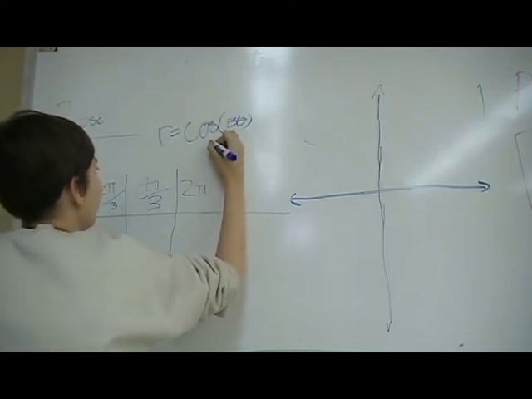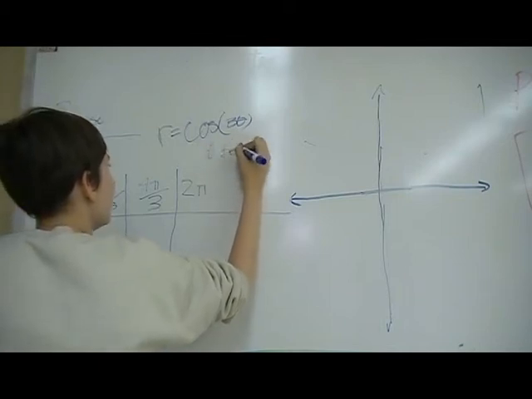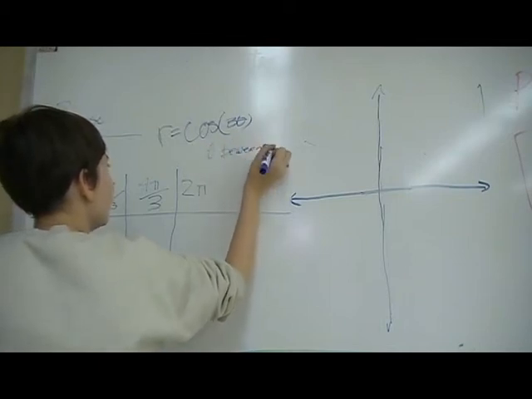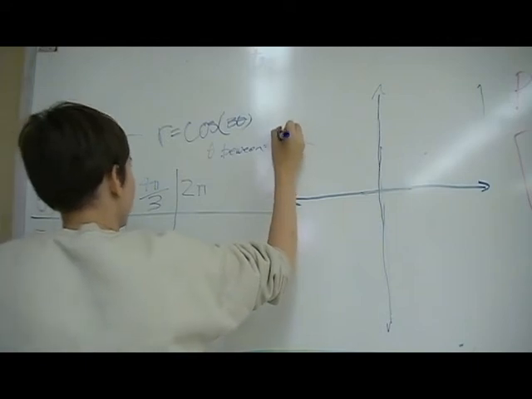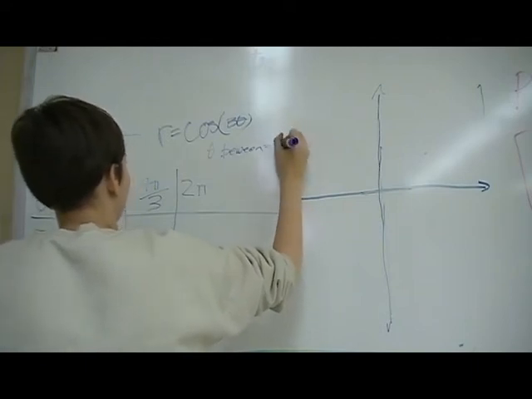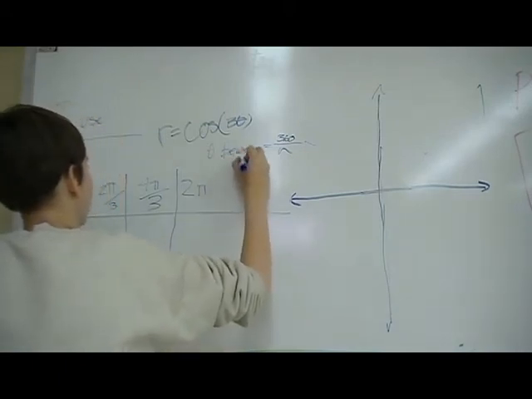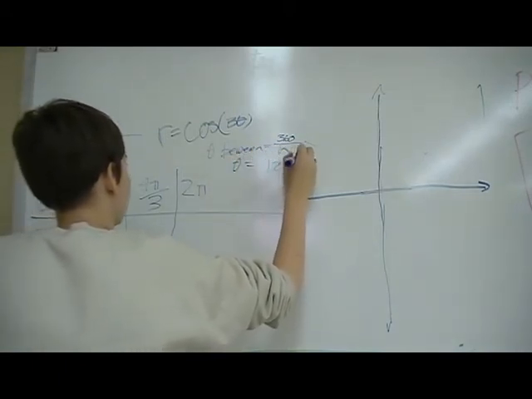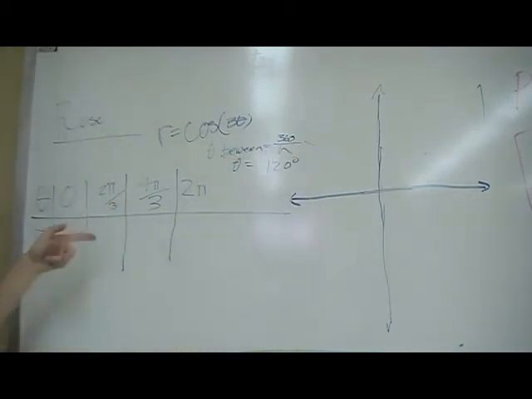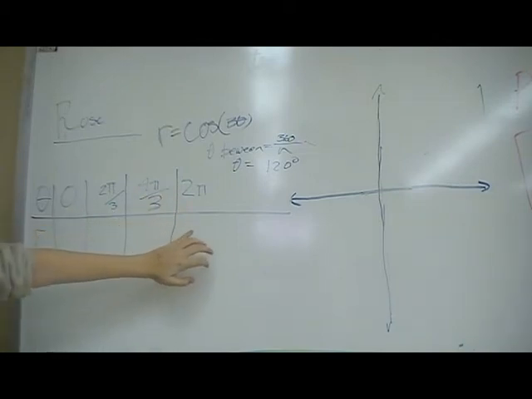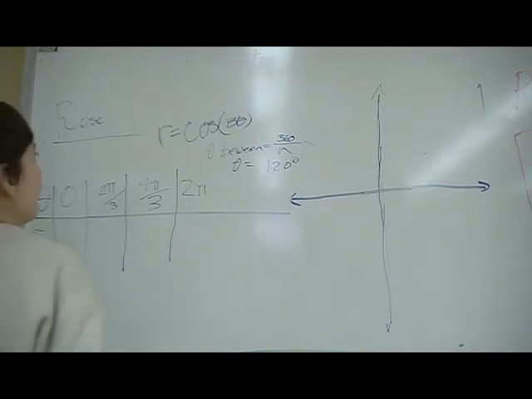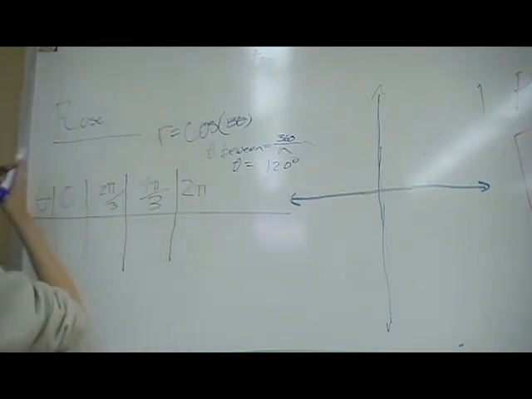The angle between is equal to 360 over n. So you get angle between equals 120 degrees, which is equal to 2 pi over 3, and then you add that, so it's 4 pi over 3, and then you have 2 pi, which is also equal to 0.